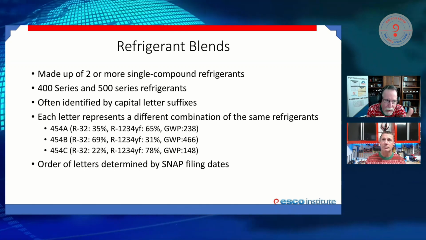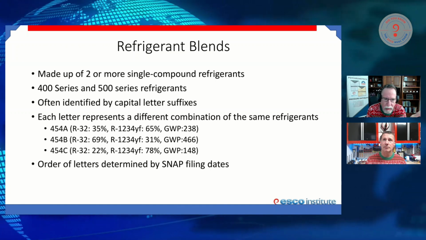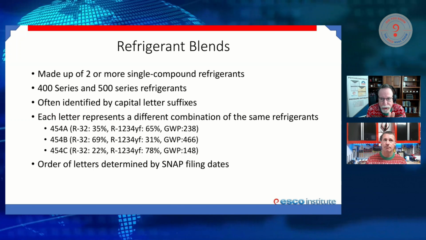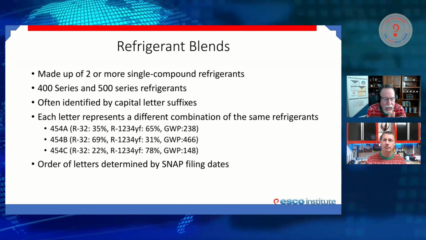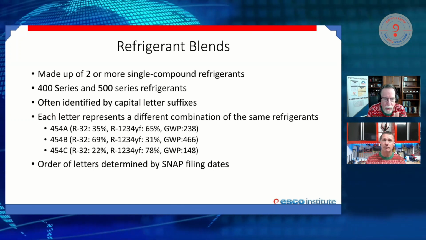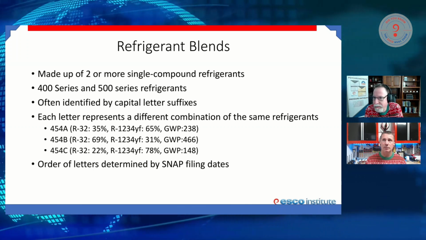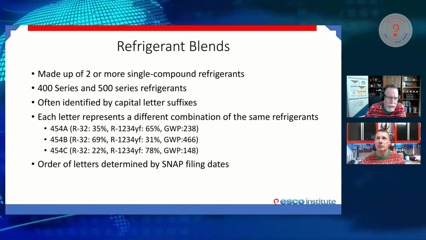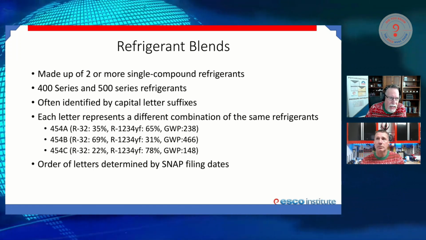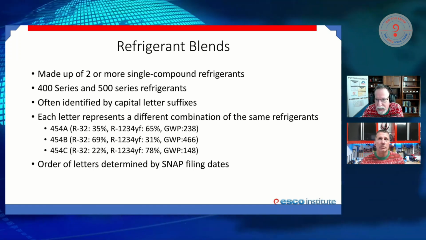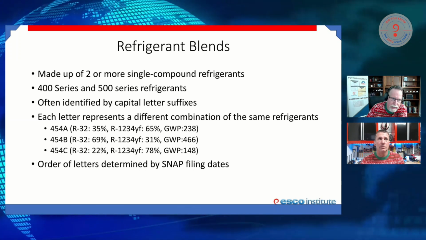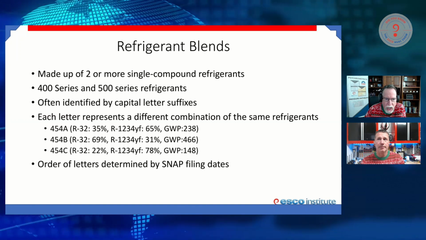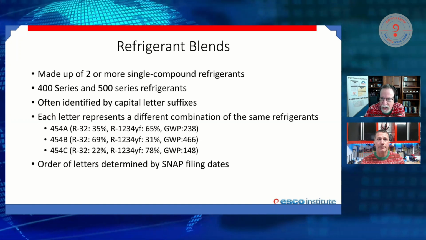So 454 is R32 and 1234YF, for example, but the ABC are different percentages of those refrigerants, and we know from the ABC which one was filed first, second, or third. So when we see a capital A, B, or C, that's indicating that we have a blend, and also the 4 in front means it's a blend, and the order in which they were filed, the SNAP filing dates, determine the letter.